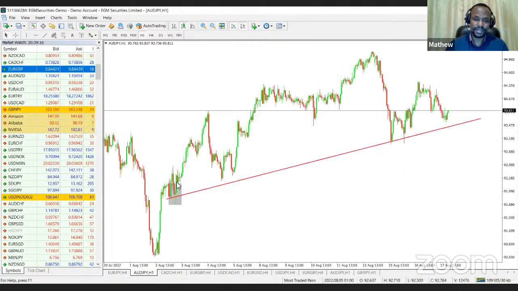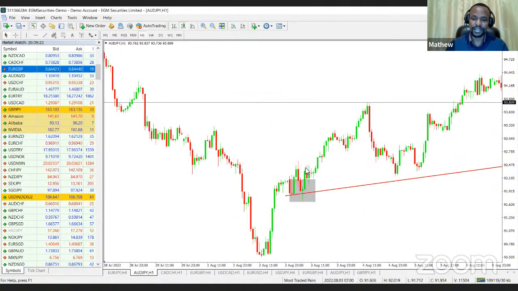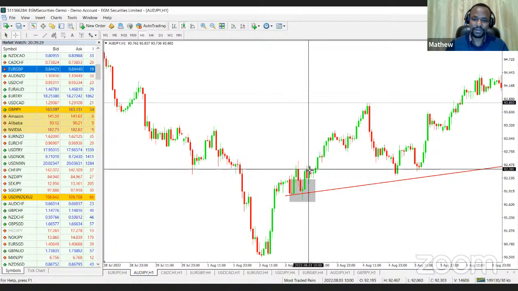Sorry, I'm trying to zoom in so that we can see. The confirmation candlestick here could have been a good entry. And if we check the risk reward, of course someone could have entered around this area with a stop loss at around 70 pips. Look at the run, almost 140, 130 came in.